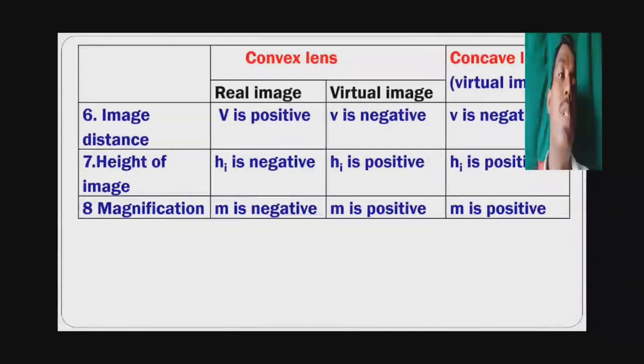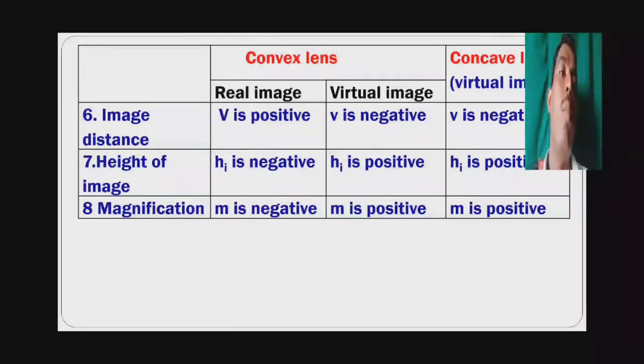Now we will see the other 3 characteristics: image distance, height of the image, and magnification. These 3 characteristics depend on the type of the image, whether the image is real or virtual. For a real image, distance is positive because it is measured in the direction of incident light.